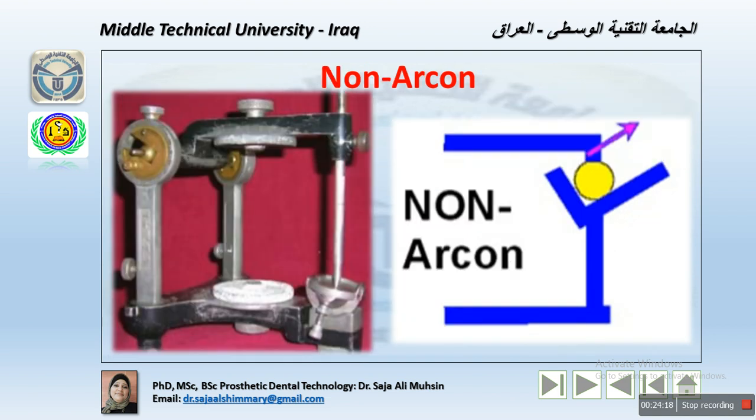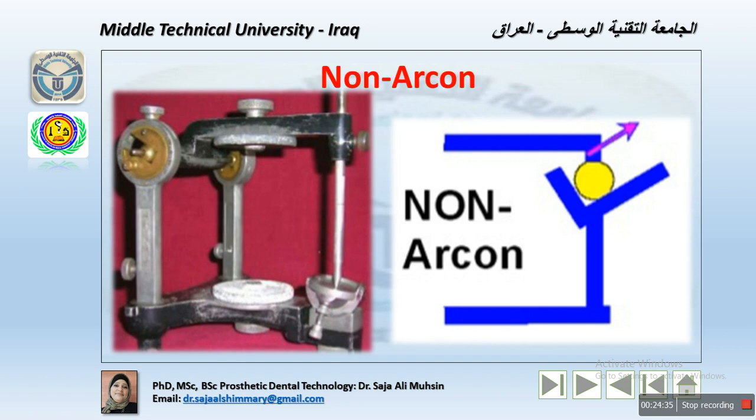Now, the non-arcon semi-adjustable articulator. These articulators have the condylar element attached to the upper member and the condylar guidance attached to the lower member. So this is the reverse of the temporomandibular joint.